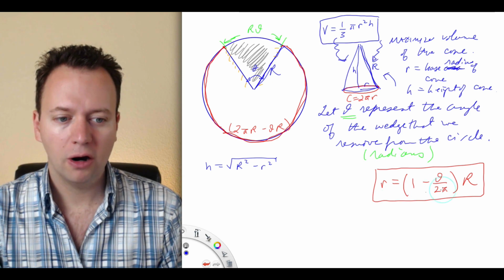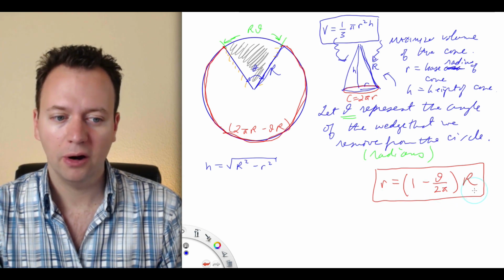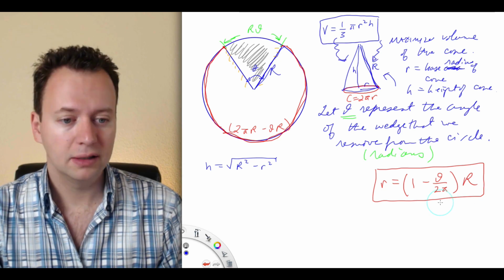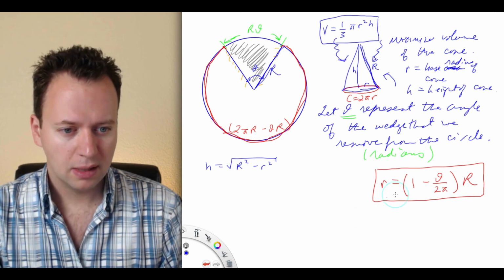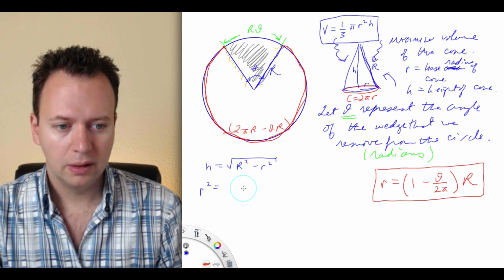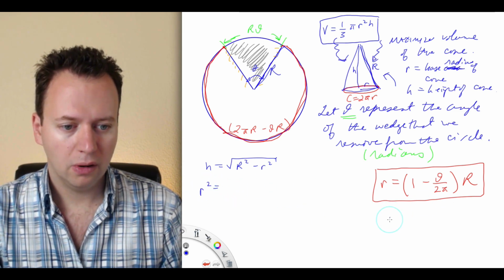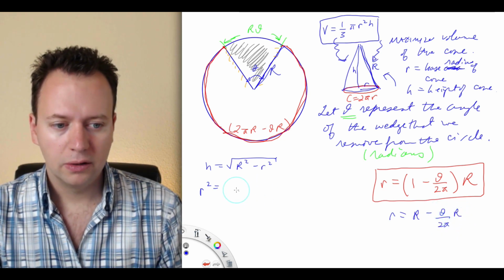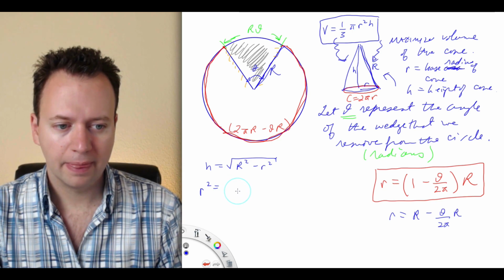And we already have r as a function of capital R. So this might turn out to be interesting. What happens if we square r? Lowercase r squared, well, r is equal to capital R minus theta over 2 pi times capital R, or we can write it like this.